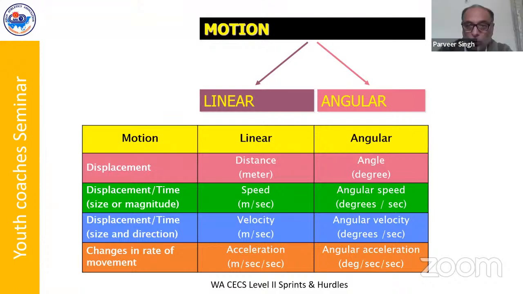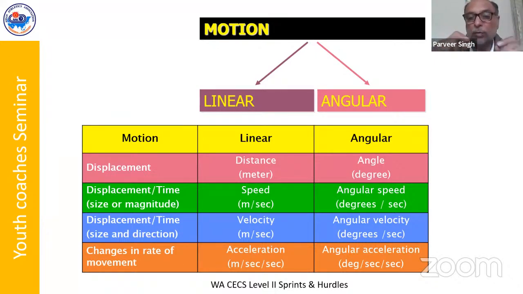Okay. So when a body is rotating, it is rotating around an axis. The angular displacement, in simple words, we can measure in angles or degrees, how many degrees it has rotated. When it is moving in a single straight line, the distance is measured in meters.